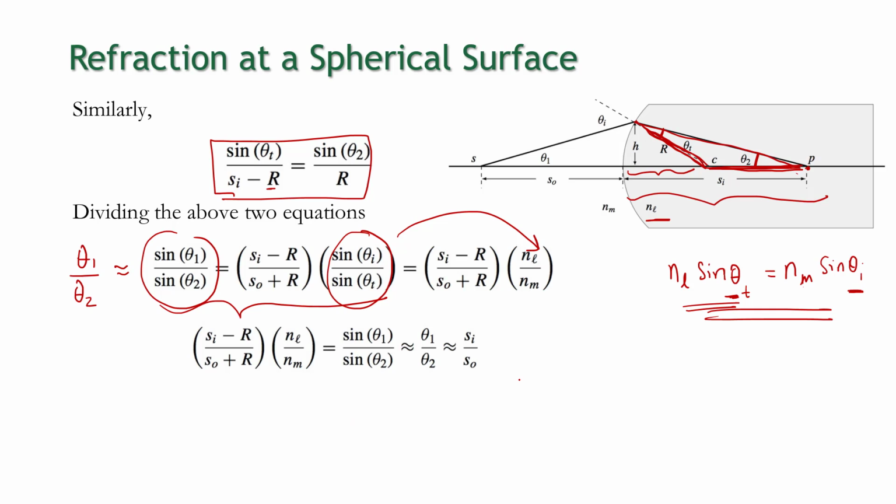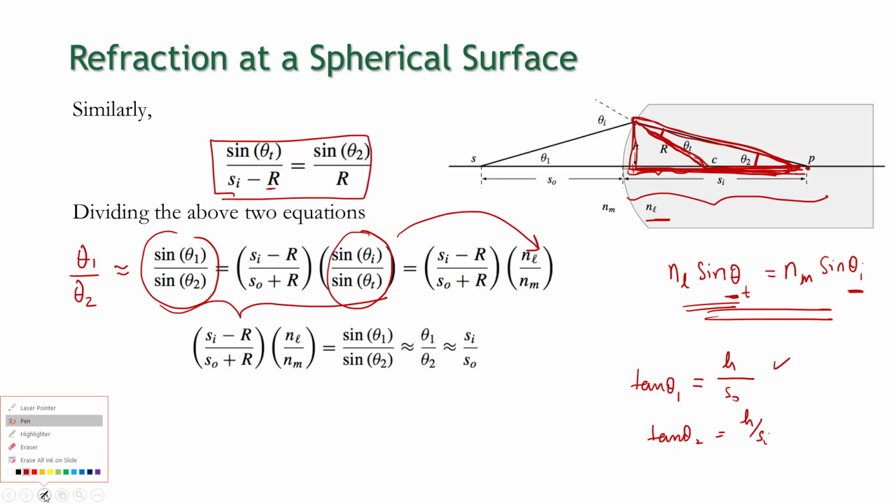And then just like before, we can use tan theta 1 is equal to height over that S naught, and tan theta 2 using this triangle would be height over that distance, which is image distance. So this one is from this triangle.